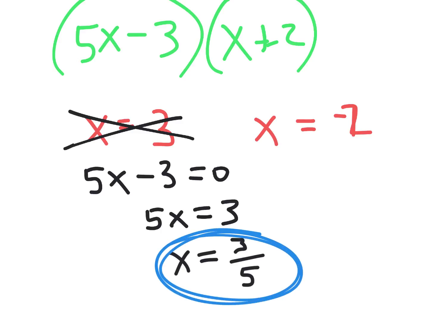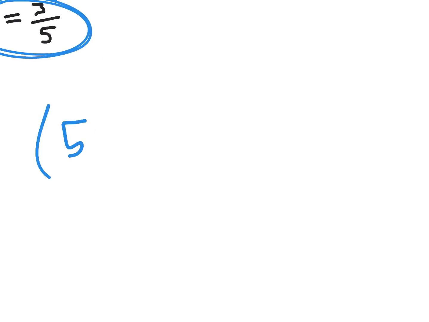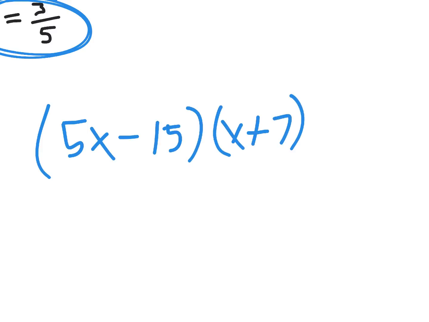Okay, good. All right, here's another really classic mistake. Kid factors it down and they get this. 5x minus 15 and x plus 7. You might be like, well, either it works or it doesn't. Nope, I know it's wrong. Because if the goal is to factor it, they did not factor it all the way.